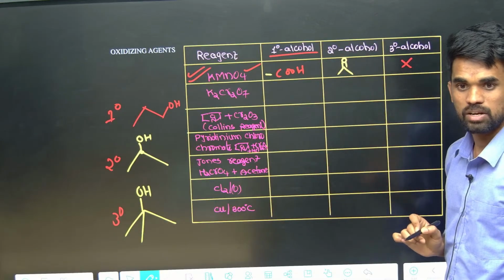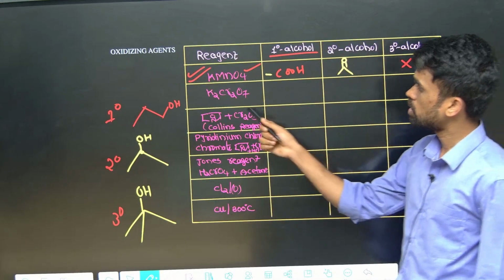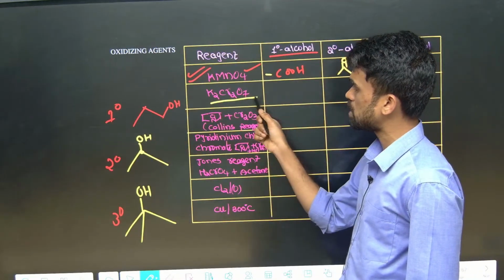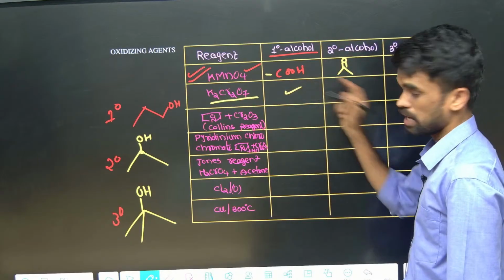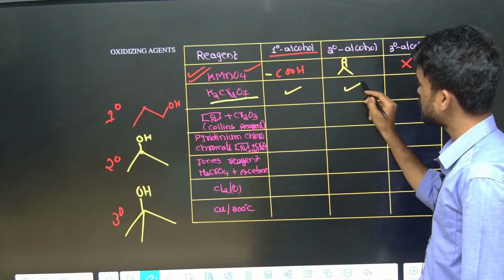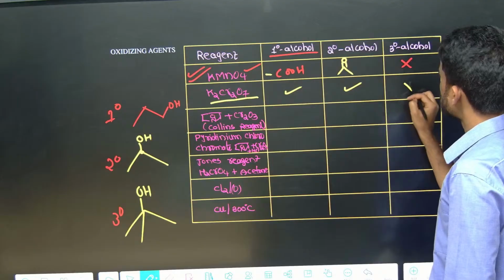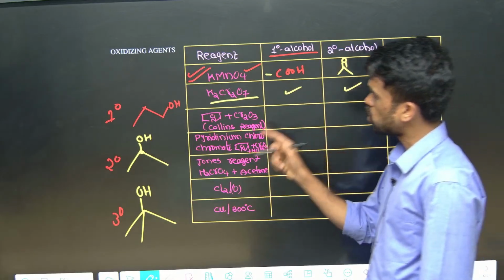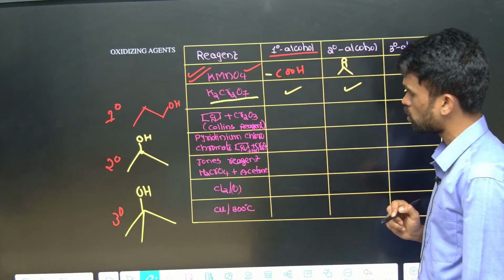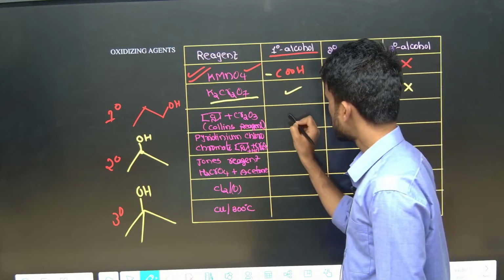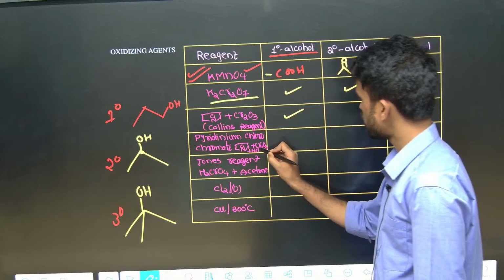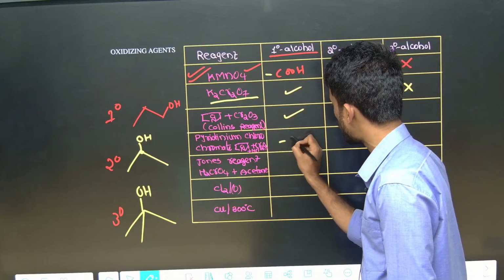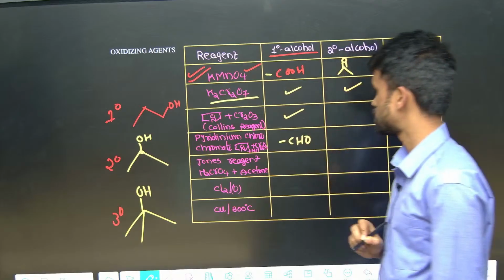Even with K2Cr2O7, primary alcohols convert into carboxylic acids, same as above. And here it is ketones, and there is no reaction here. When it comes to Collins reagent, here it will again be carboxylic acid, and with PCC it will be aldehydes.